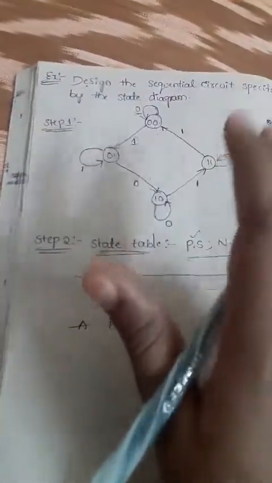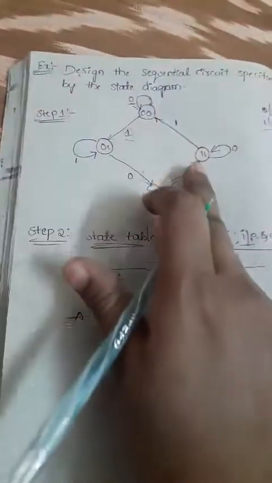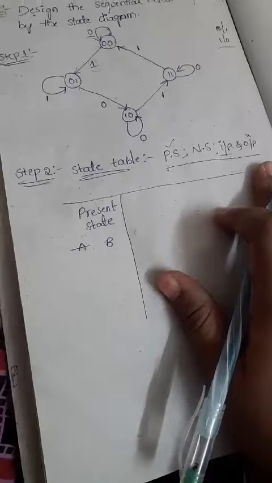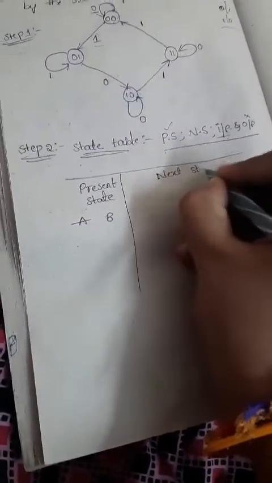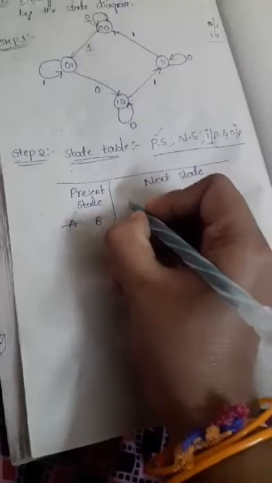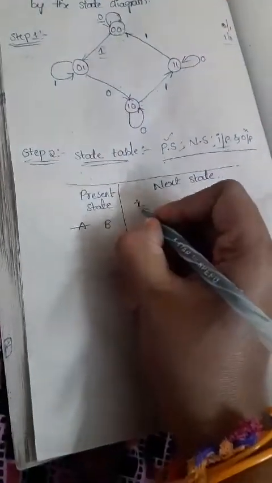That's why I consider 2 bits, 2 digits in each circle. For that case, the present state variables are A and B. Now consider the next state. For this next state we have to show the input also. That input I can consider here as X.